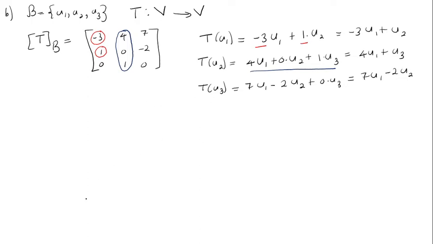So this is Tu3, and I obtain the coefficients from this column. Now I have expressed the linear transformation in terms of u1, u2 and u3.